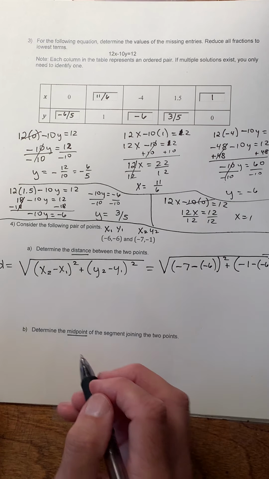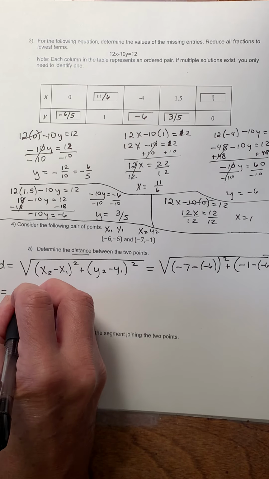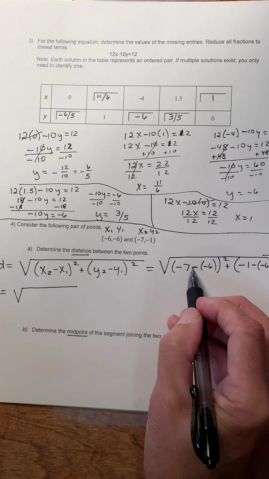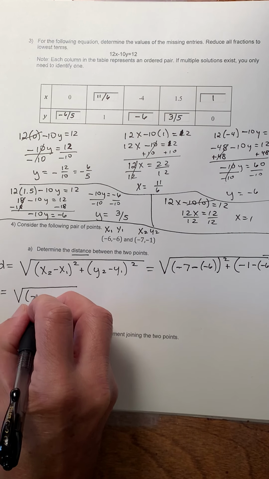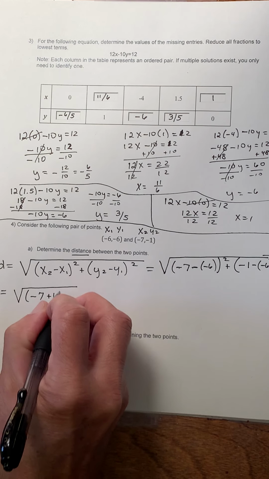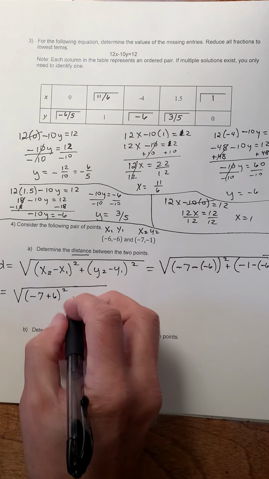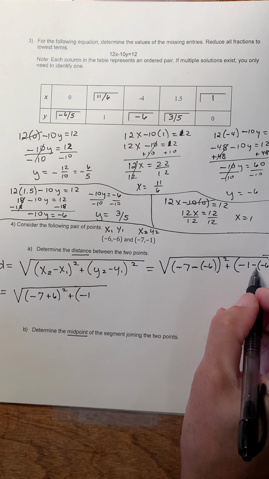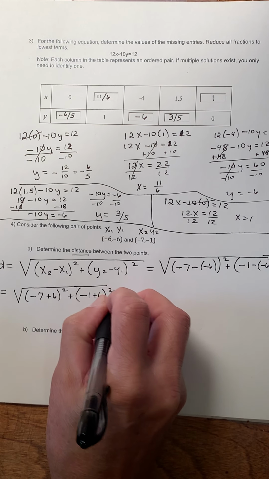That's possibly confusing to some of you guys. Well, let's get rid of some of them. Let's remind ourselves that minus a negative, or 2 negatives together, makes a positive. So I get negative 7 minus a negative 6 is plus 6 squared plus negative 1 minus a negative 6 is plus 6 squared.